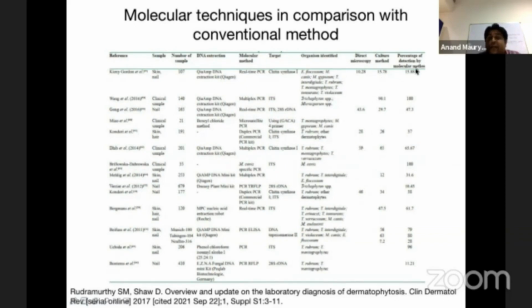Culture is 65%, but with the molecular techniques it is 65.6%. In another multiplex, culture identifies only 12% of the cases, but with this method, 31.6% of cases are detected by the molecular technique. So this is a very good chart. You can see the methods, the targets, the organisms, and compare direct microscopy, culture, and the percentage of the molecular techniques.